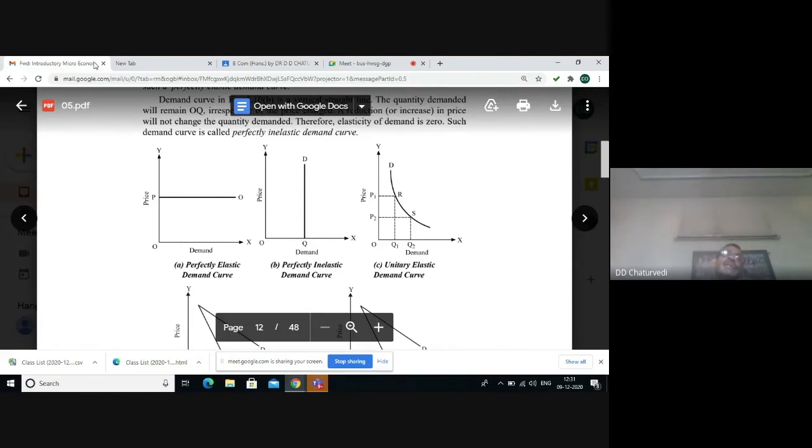So elasticity of demand is 0 because anything divided by infinity is 0. So elasticity of demand for 5.10a is infinity throughout, while for figure 5.10b, the elasticity of demand is 0 at every point, even when we apply the point method.